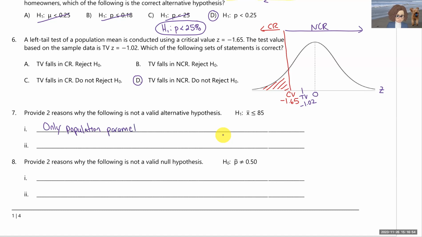And in our case, in chapter 8, that will be mu or P are allowed in hypotheses.